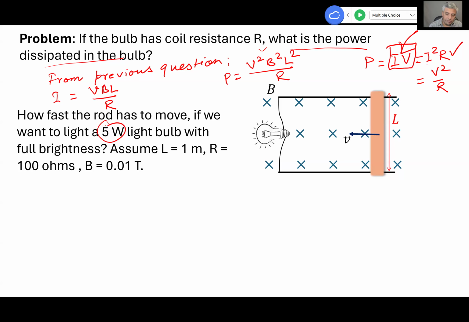This 5-watt light bulb is like the one we use as a night light. Sometimes it's also called a 0-watt bulb, but of course they're not going to be 0 watt. So usually it's 5 watt. Even if we just want to light that tiny light bulb, how fast does it have to be moving? Let's estimate that. That shows why this is not the method to use to generate electricity.